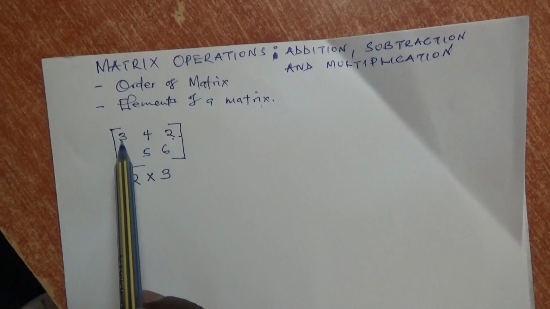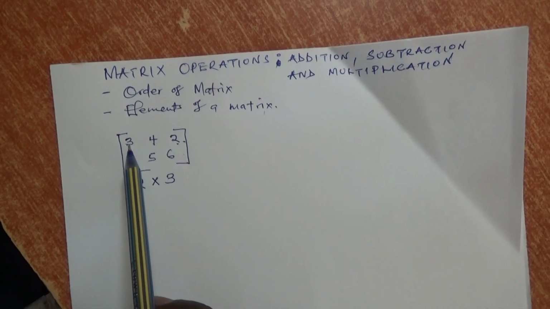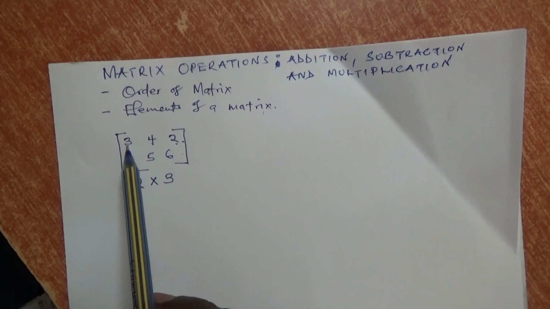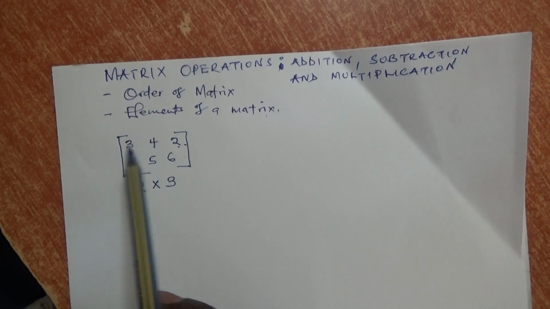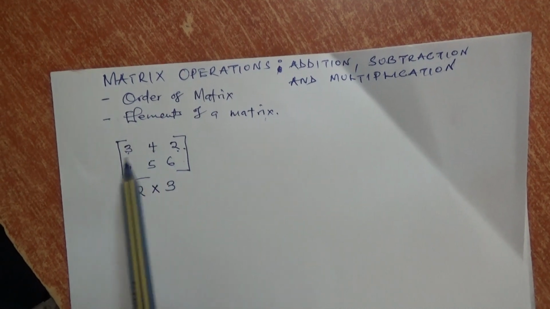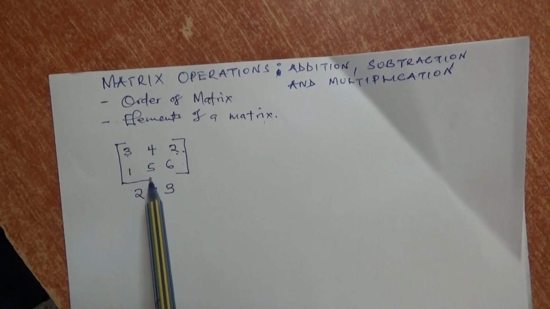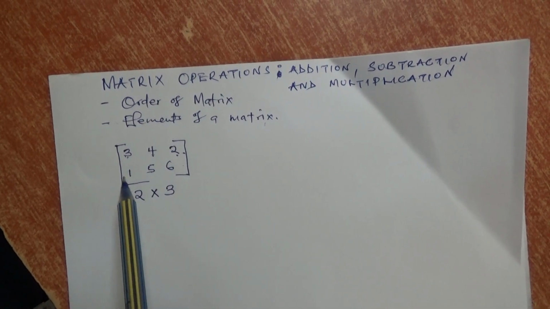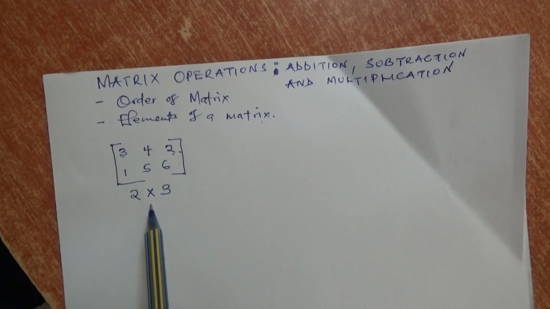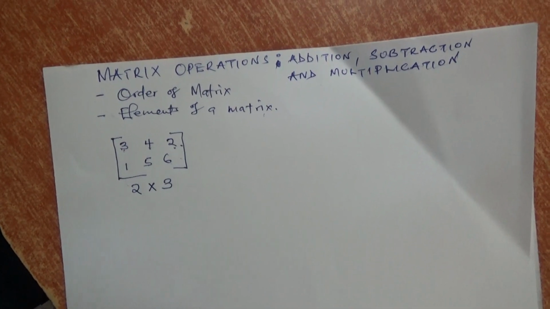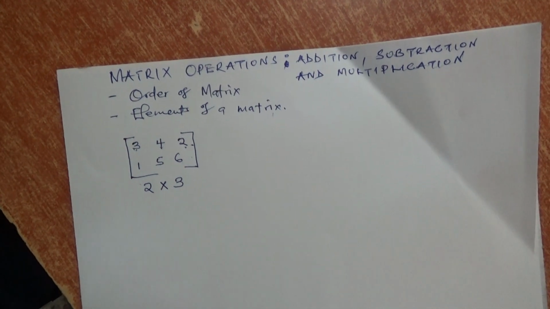Like for example, number 3 is the first row, first column. Alright? Because this is the first row and this is the first column. 4 is in the first row, second column. 5 is in the second row, second column. Okay, so that is how you identify the position of an element within a matrix.